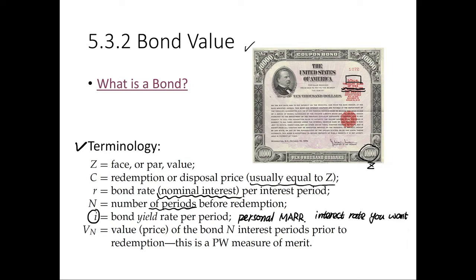You know what is the bottom interest rate you want. That interest rate could be the interest rate in the saving account in the bank, right? Because if you use the money to buy this coupon, you don't have the money saving in the bank. But the opportunity cost is the interest you can get from the bank. So the interest rate provided by that saving account is gonna be your MARR. You're gonna say, okay, if you want me to buy the coupon, you need to give me the interest higher than what I can get from the bank. Make sense? So this I is the yield rate.